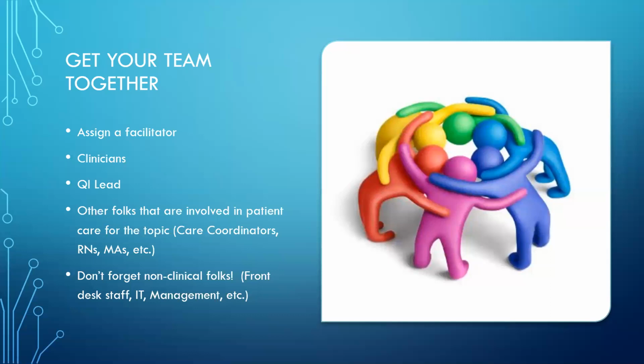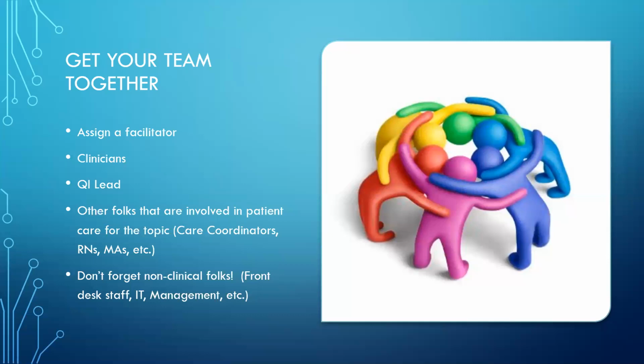If at all possible, include your clinicians. They will be a key informant for many different root cause analysis pieces, because they can let you know what's going on in the exam rooms with their patients, what they're seeing. The quality improvement lead is important, because this is going to be ultimately leading to some quality improvement projects. And so involving them in the get-go can be really helpful.